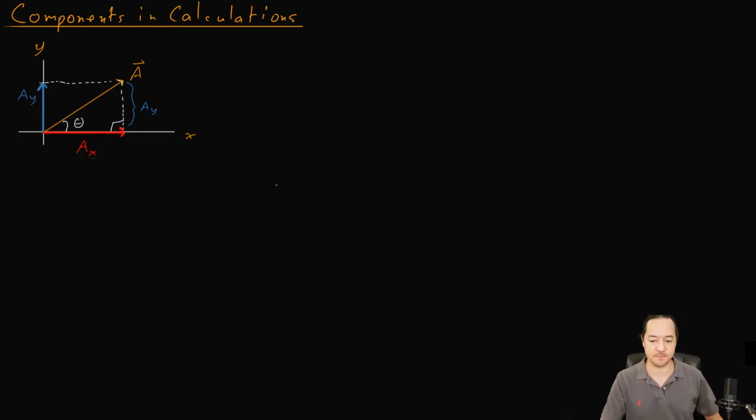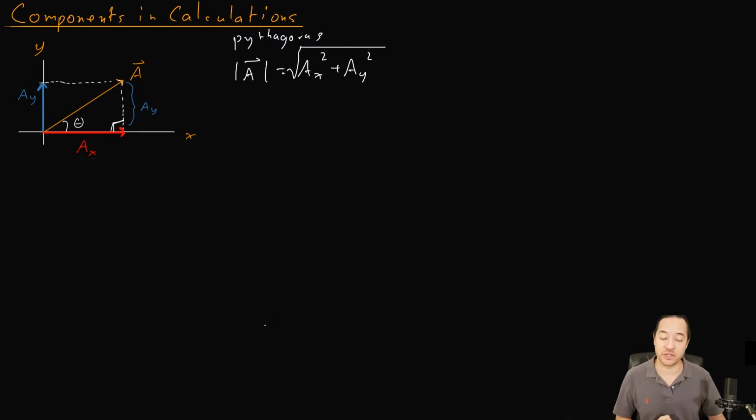So let's do that. We're going to use Pythagoras, because this is a right triangle, right? And so we can find the magnitude or length of vector A, and that's going to be A sub x squared plus A sub y squared, and then we're going to take the square root of all of that. So this is the Pythagorean theorem.